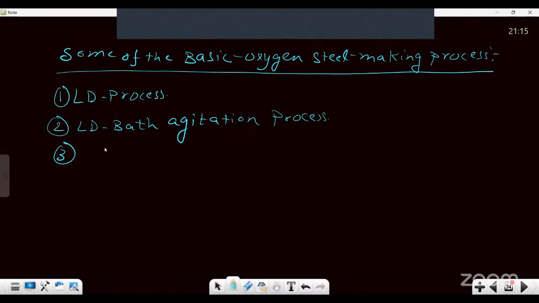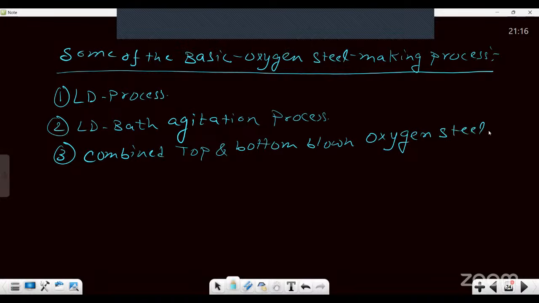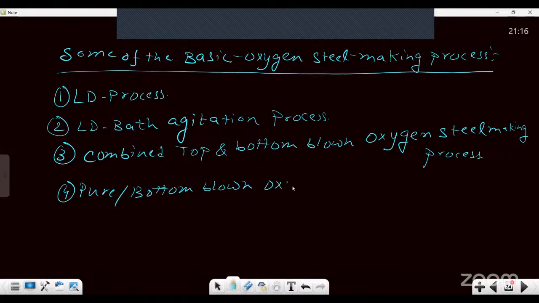Then there is the combined top and bottom blown oxygen steel making process. And what else? You can have pure bottom blown oxygen steel making process.